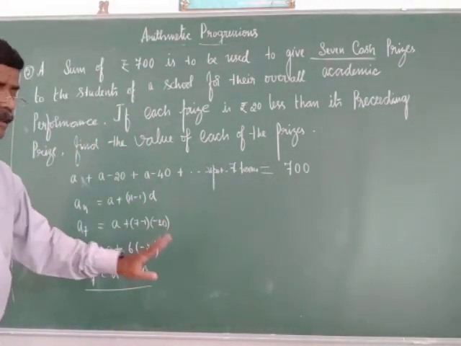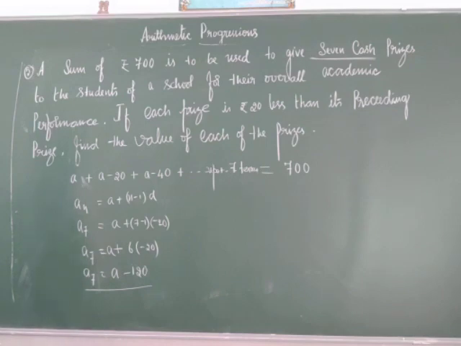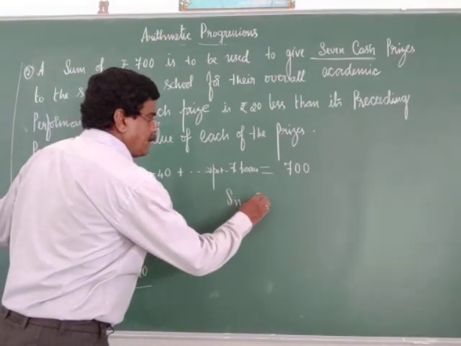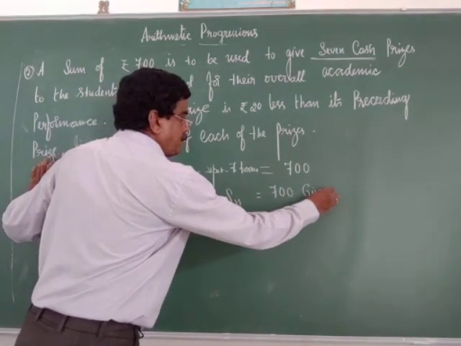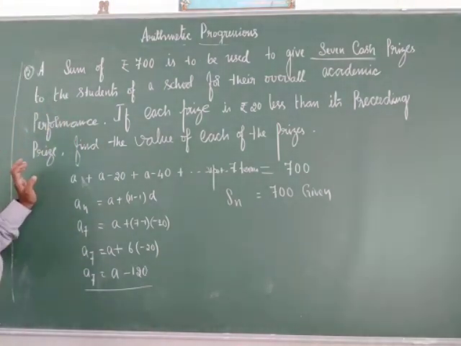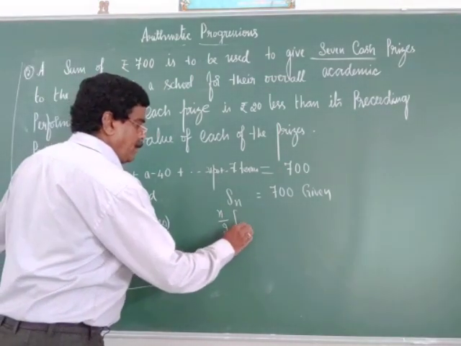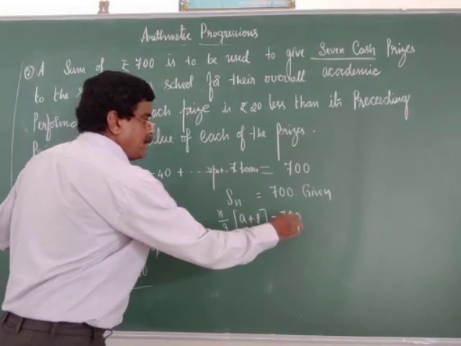We got it like this. Now altogether if you add, how much must you get? The total is given here, 700. It means Sn is equal to 700 rupees. When I apply the formula, the Sn formula is n by 2 into (a plus l) is equal to 700.